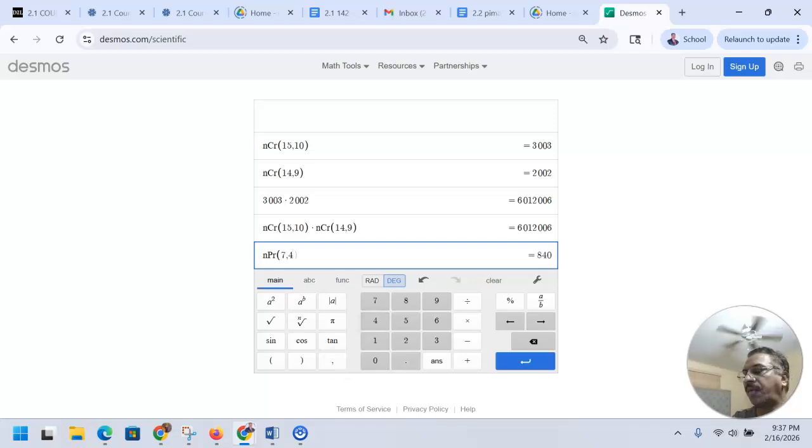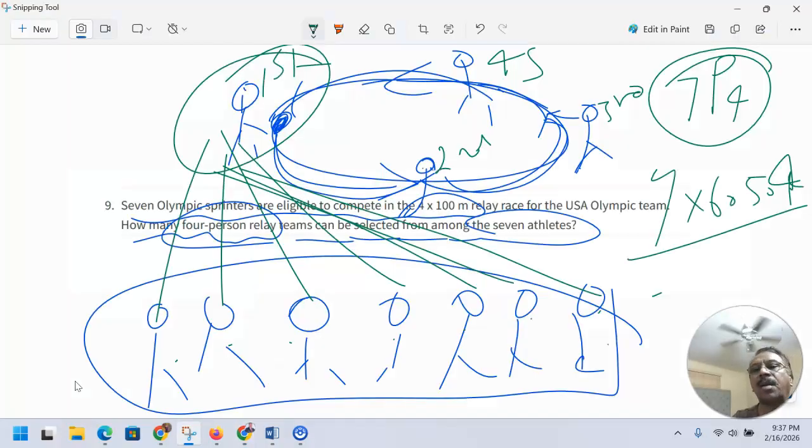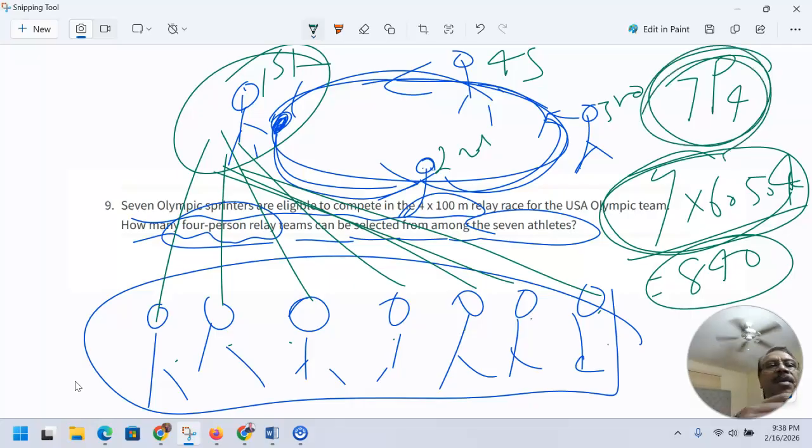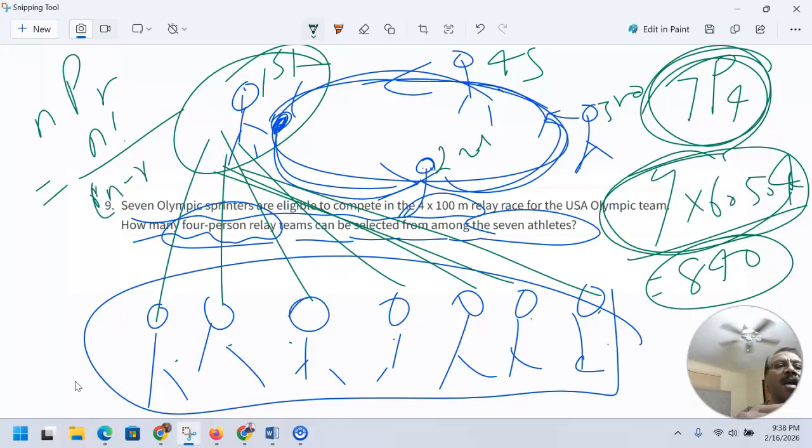You get the answer. So 840. That's all it is. So go back to your problem: 840. So there are 840. So two different approaches: using the fundamental principle of counting, or using the permutation formula nPr. And you don't have to do all that. I know the formula is like this, with n minus r, but since more important is can we apply it, that's why we use it directly.